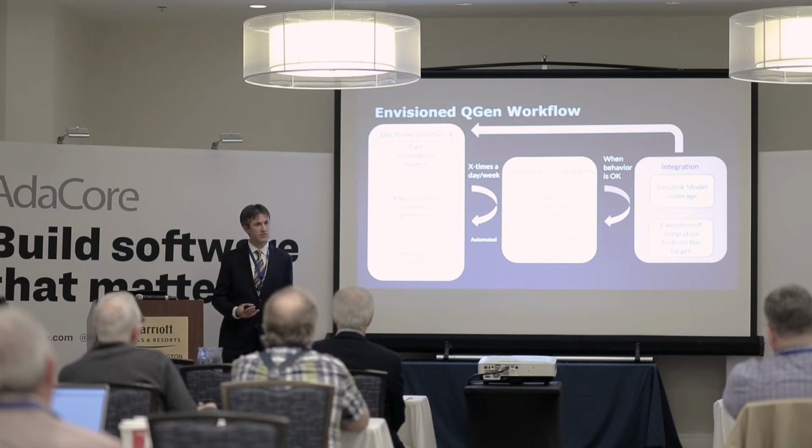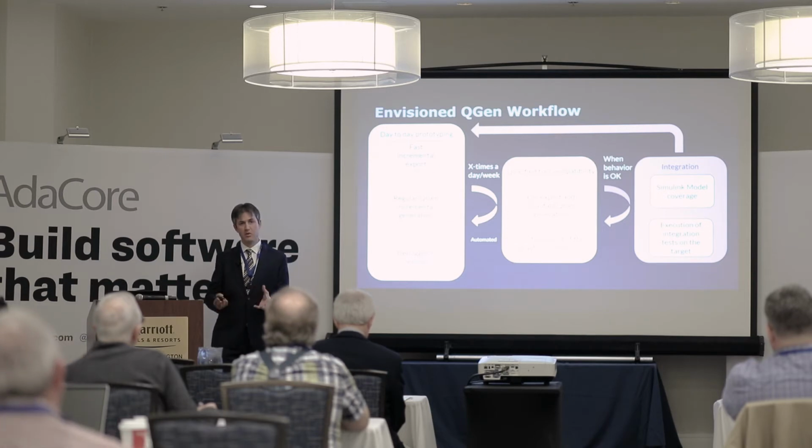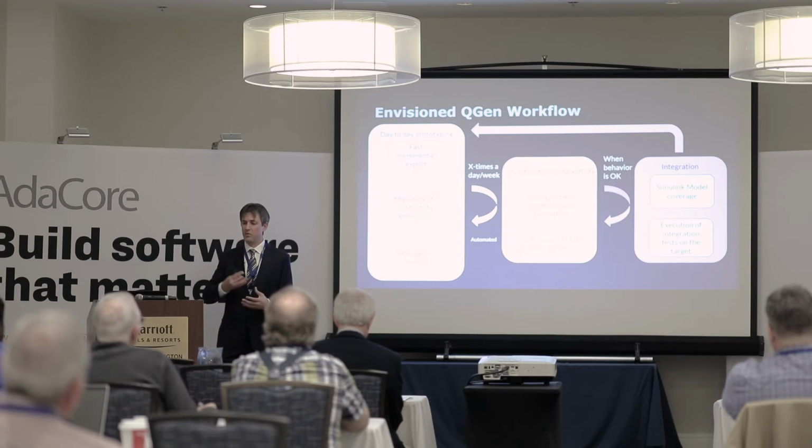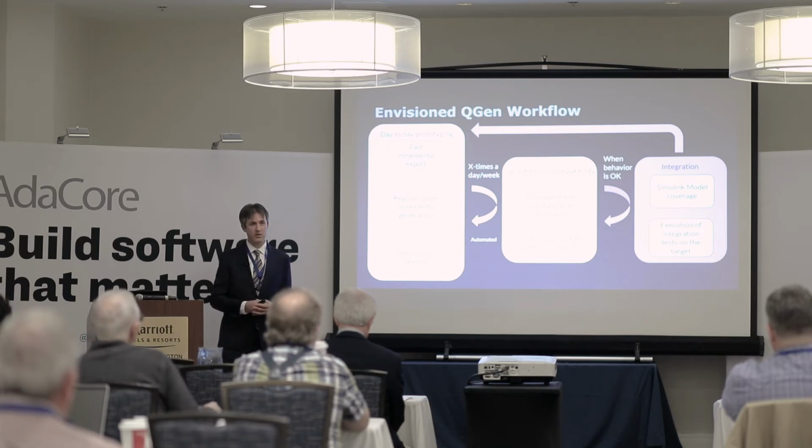Now, perhaps several times a week, you would want to check to make sure that the development activities that have taken place so far stay within the qualifiable subset of Simulink that we support with QGen. So we would suggest that you run a full export through QGen and check to make sure that you're not having any errors on the qualified code generation.